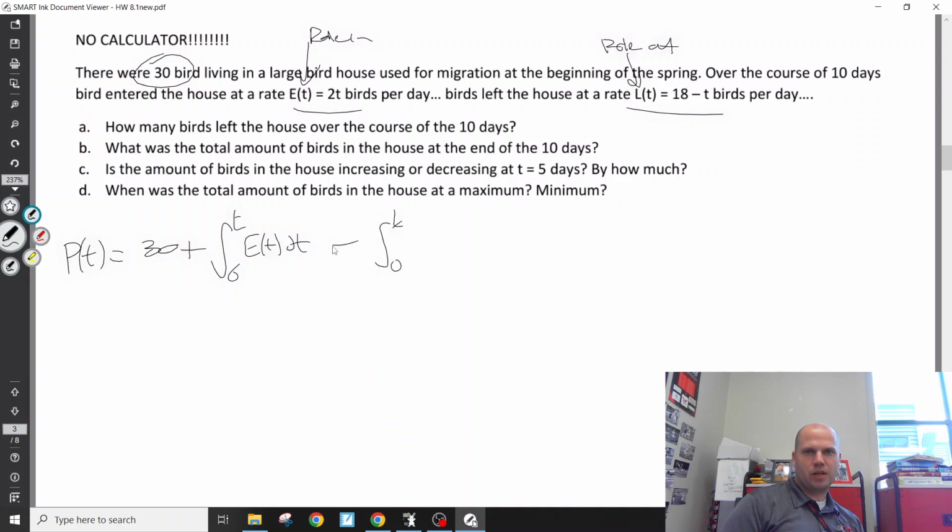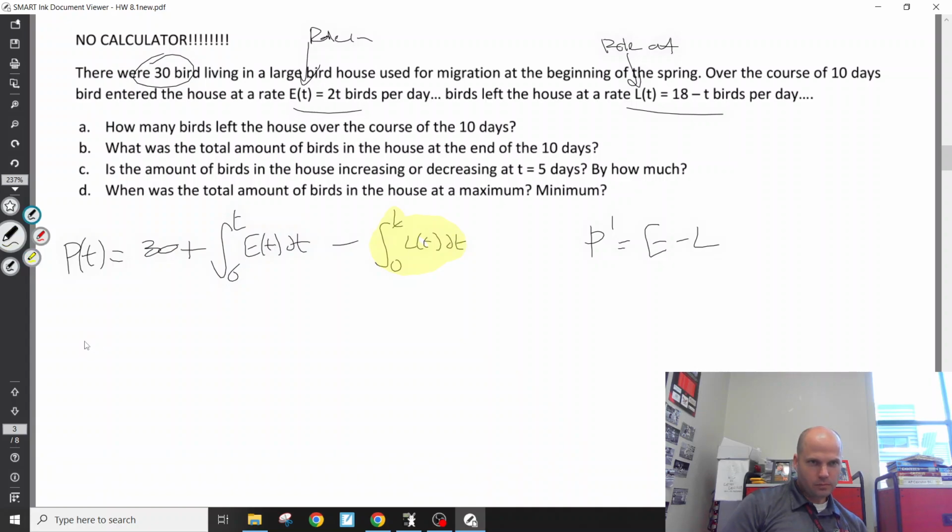If I go 0 to some time of my rate out, I'll get my total out. If I wanted to examine when birds are at a max or a min, I would take the derivative of P and do a sign analysis, which is E minus L, entering minus leaving, P being the population or the position. Total left the house would be this part, the total left.